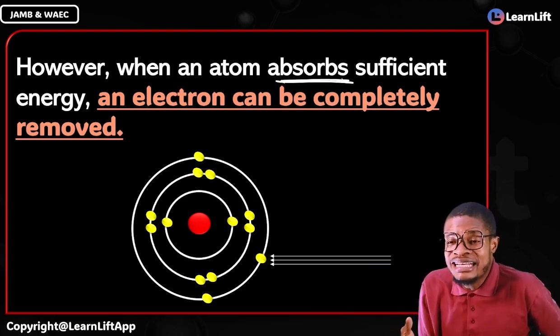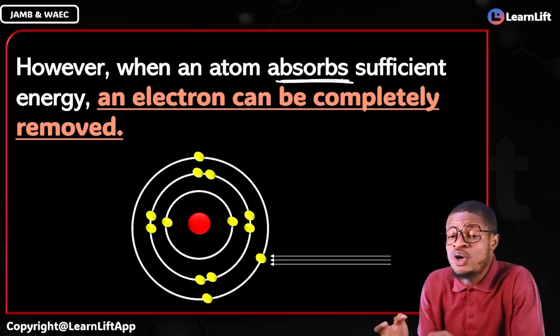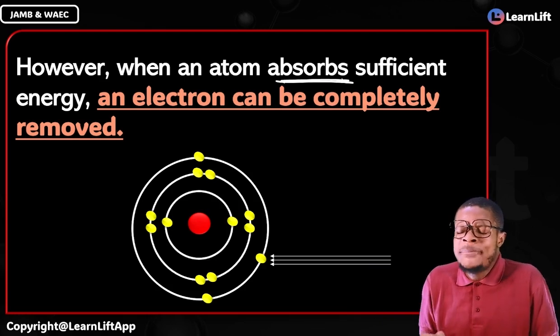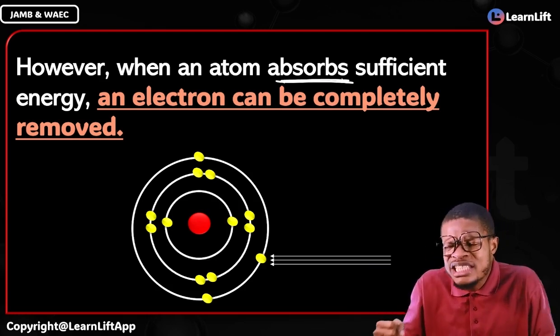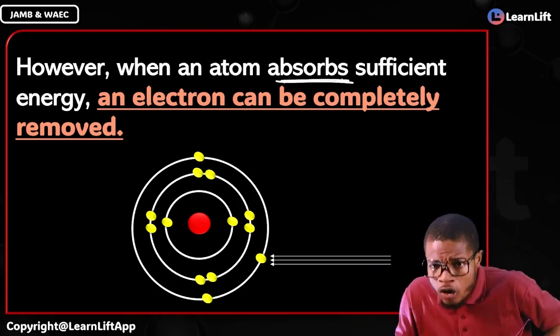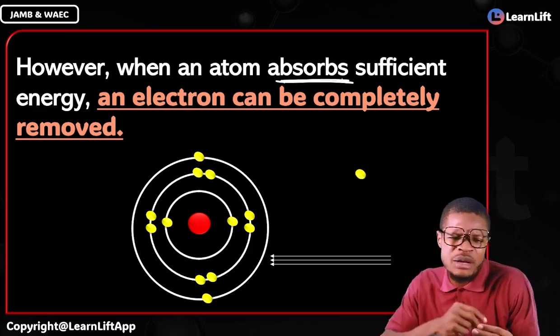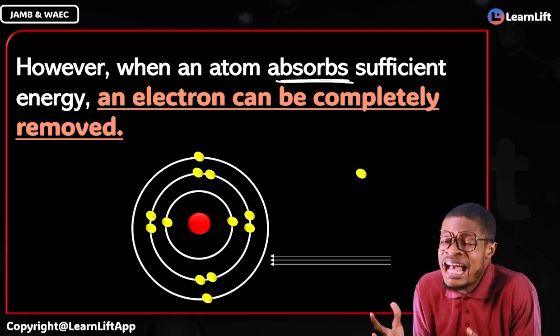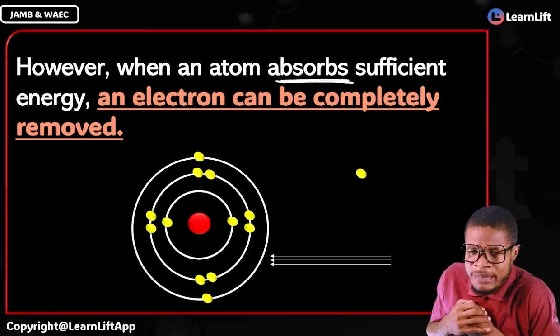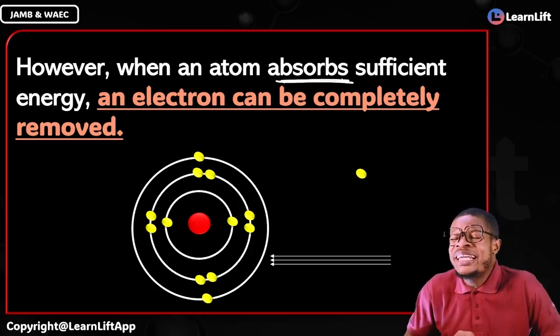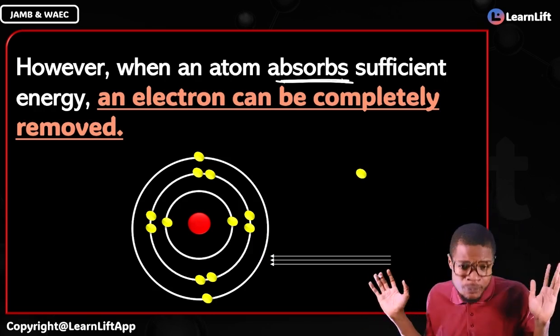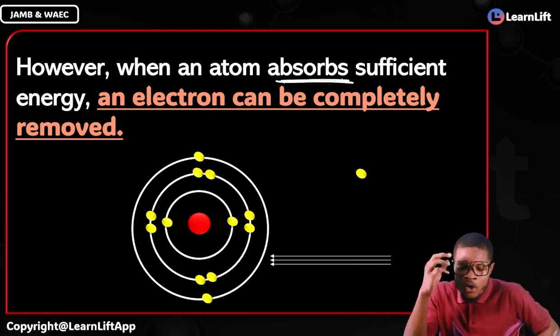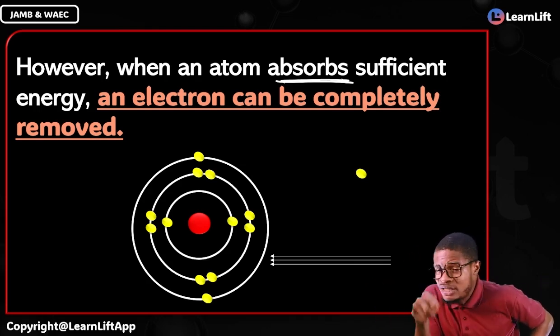That energy can go in the form of packets of energy or quanta. What happened? Because the energy is sufficient enough to knock off the electron. So you see, electron is now ejected. So when an atom absorbs sufficient energy, what happens? An electron can be completely removed. And that is what has happened here very quickly.